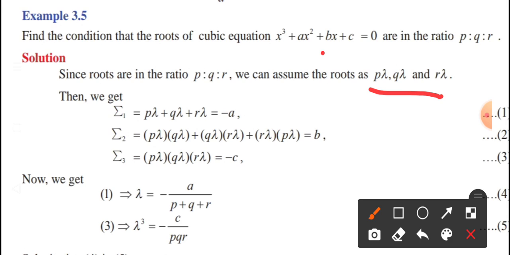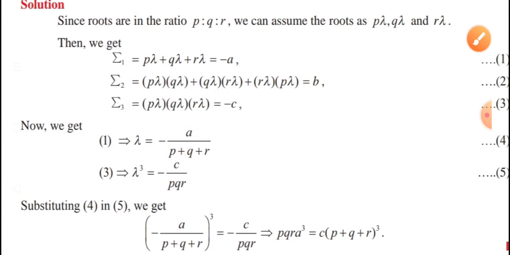Next we find sigma 1, sigma 2, sigma 3, and using the first and last we eliminate the lambda, substituting lambda equal to minus a by p plus q plus r in lambda cube. We get the condition: pqr into a cube equal to c into p plus q plus r whole cube. Do you understand? Thank you.